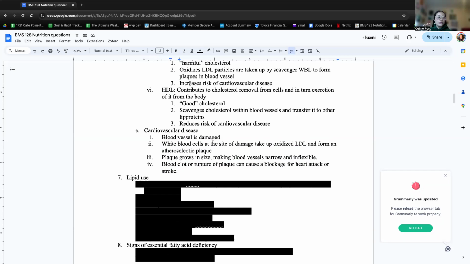If you smoke or if there was some injury to the blood vessel, cholesterol starts gathering there, as well as white blood cells occupying that region because they're trying to take up the oxidized low density lipoprotein, and it creates a plaque, like a blockage. Sometimes the blockage will make the blood vessels narrow and inflexible.